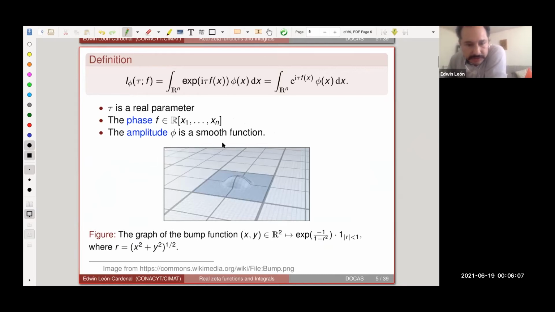These smooth functions with compact support are also called bump functions. And this is the typical example of a bump function. This is the exponential of this function here, and this is the indicator function, okay?